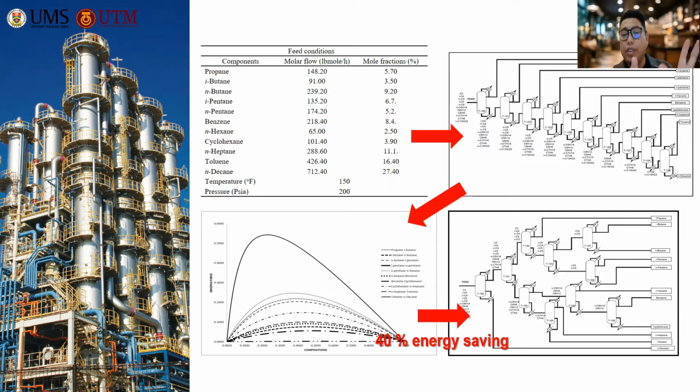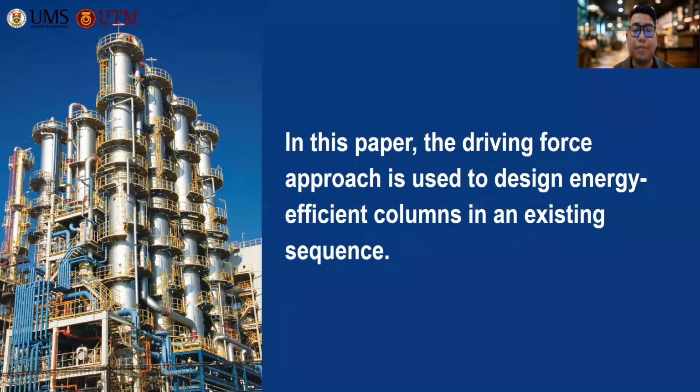The approach is quite easy. You simulate the existing sequence, construct a driving force curve, and based on this curve, you come up with the new energy efficient distillation column sequence. Once we simulate it and compare the energy, in this case we have about 40% energy saving.